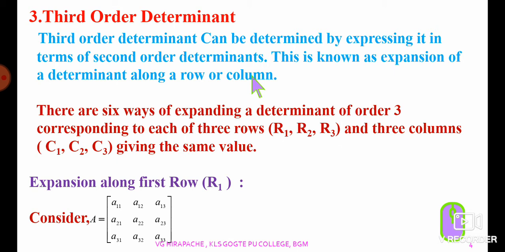Any third order determinant can be evaluated either by row or column expansion. There are 6 ways of expanding a determinant of order 3 corresponding to each of the 3 rows, called R1, R2, R3, and the 3 columns C1, C2, C3, giving the same value. The expansion of the third order determinant either by row operations or by column operations gives the same value.